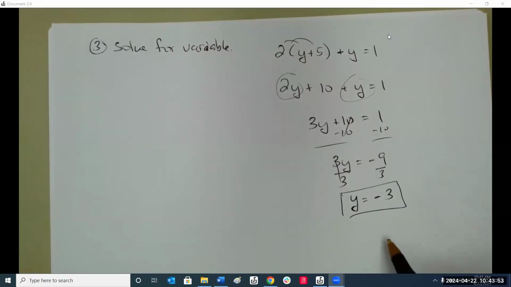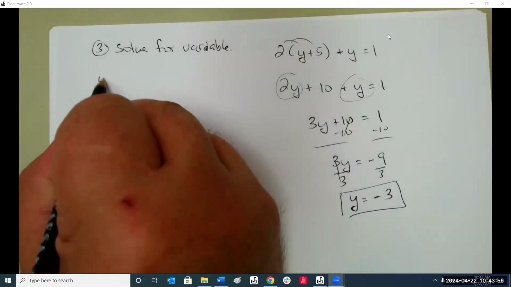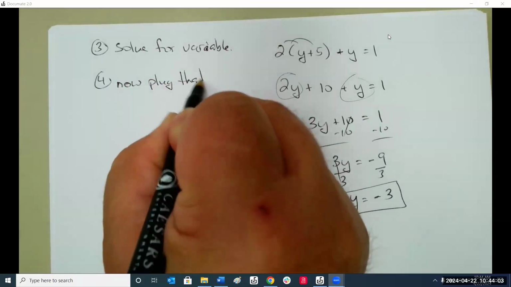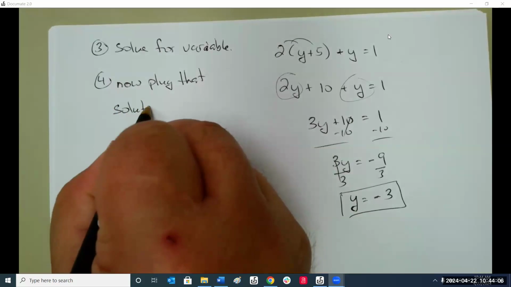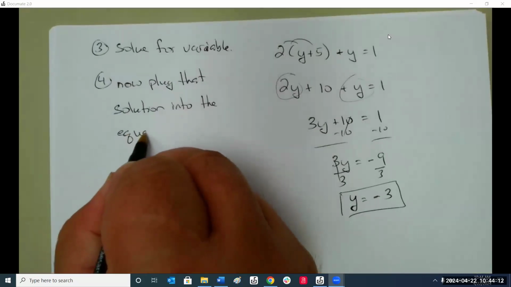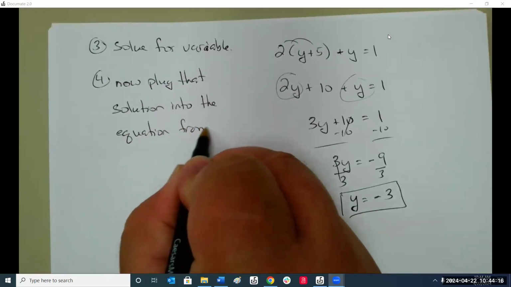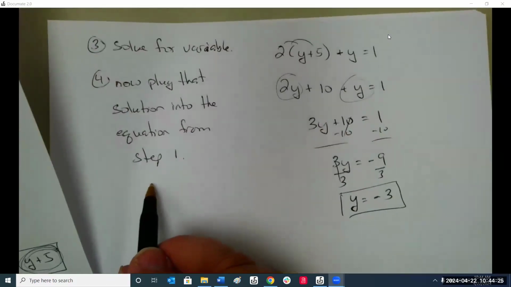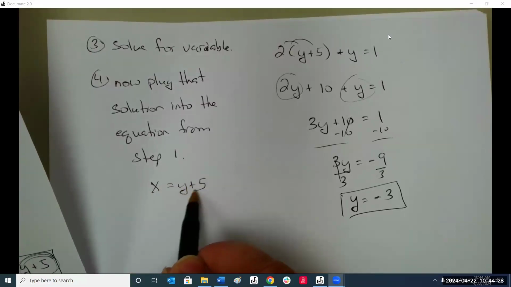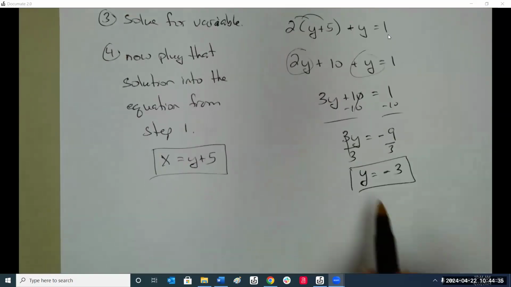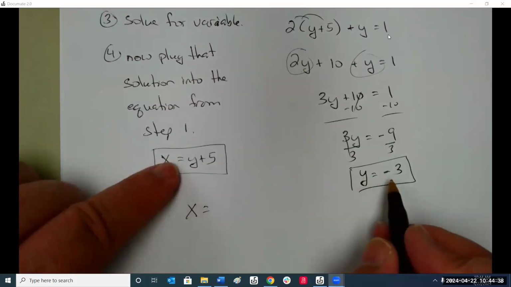What do we do with that? Yes. Now plug that solution into the equation from step 1. So we see the x value, and we see y is negative 3.